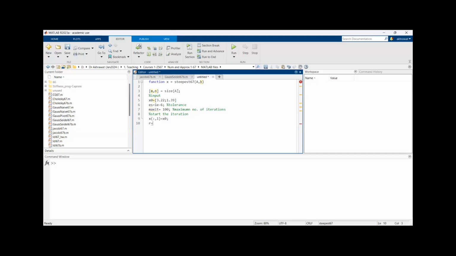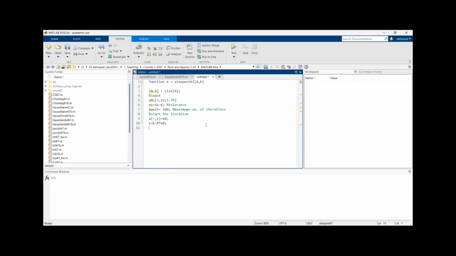And this is my search direction, B minus A times X0. Not sure here. What is this?